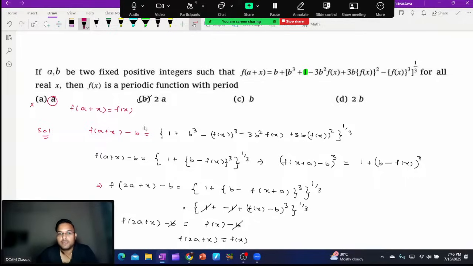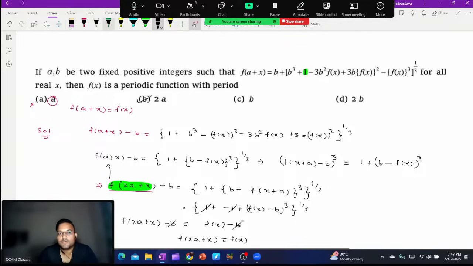Now I have tried to substitute, to find f of 2a plus x. My aim was to find f of 2a plus x only. The only equation that I had here was this.